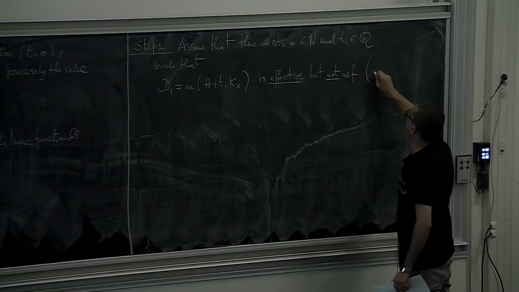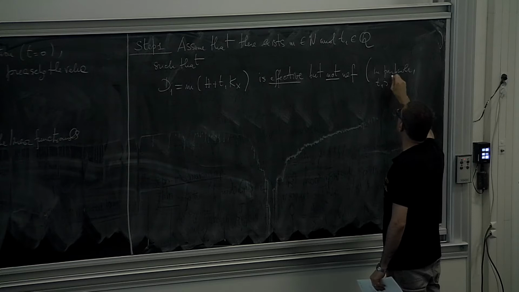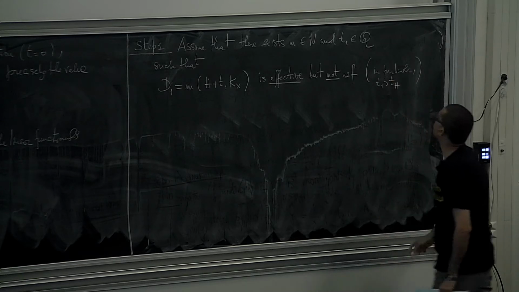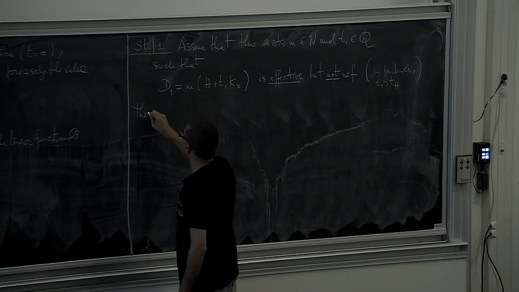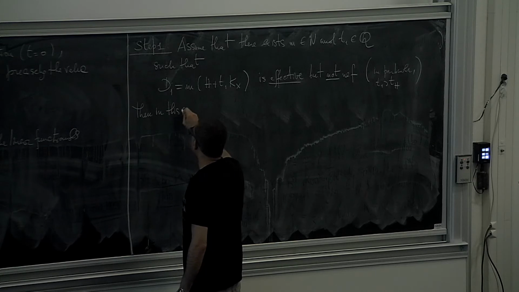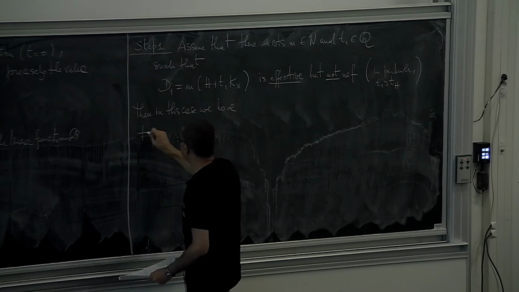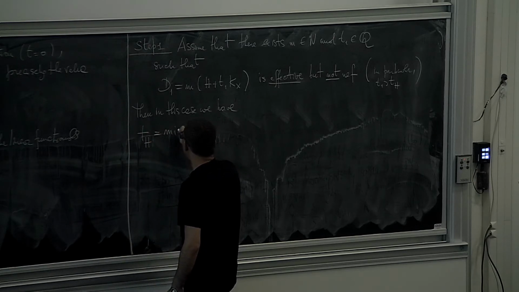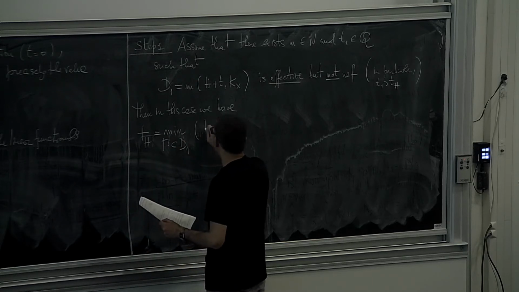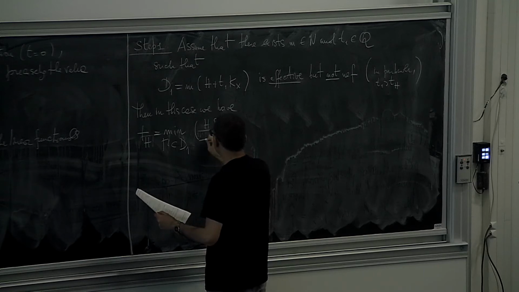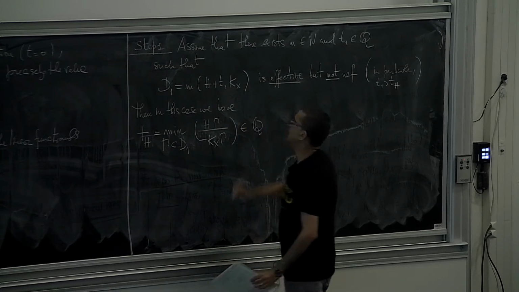Okay, in particular, this implies that T1 is greater than TH. In this case, we have that this TH is the minimum over gamma in D1 of H·gamma divided by minus KX·gamma, and this is a rational number.